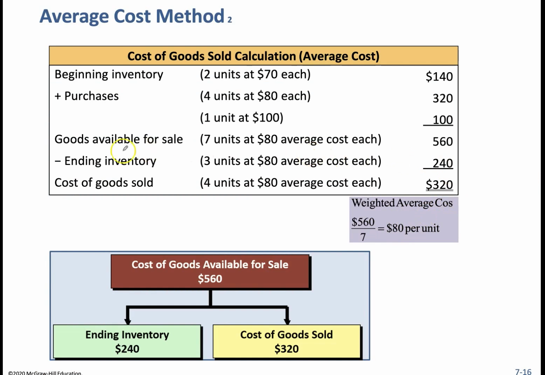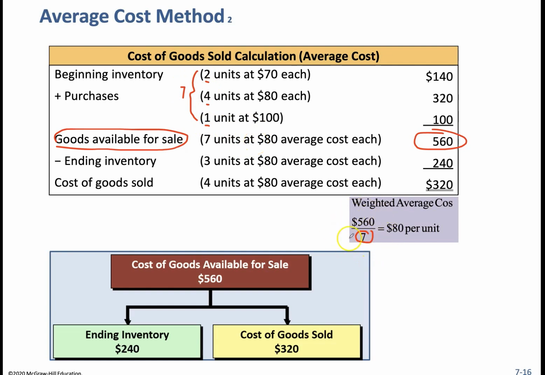We are going to take the available for sale, which is $560 available for sale, divided by available for sale units, right? How many units do we have available for sale? It's 2 units at the beginning plus the purchase of 4 and then plus the purchase of 1. If you add these 3 batches of inventory up, that's 7 units available for sale.